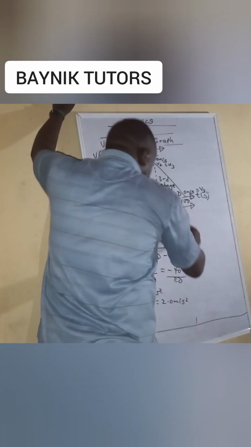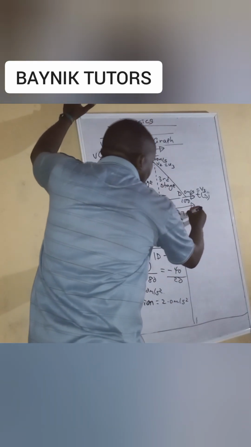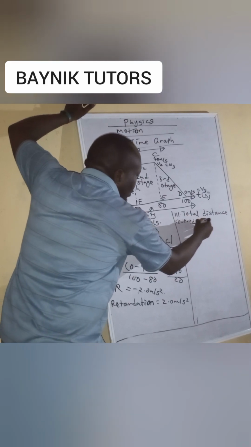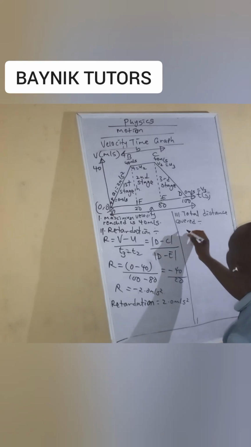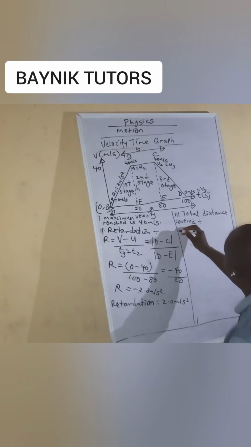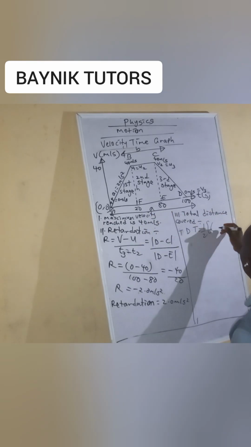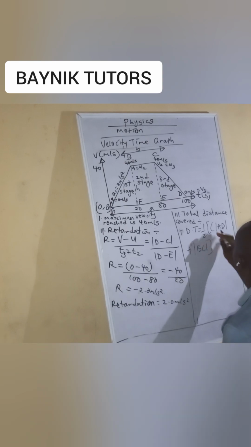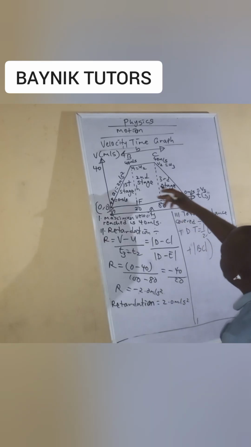For the total distance covered, we can now say TDT, total distance covered, is equal to half, open bracket, the longer length AD plus the shorter length BC, and the height is BF.